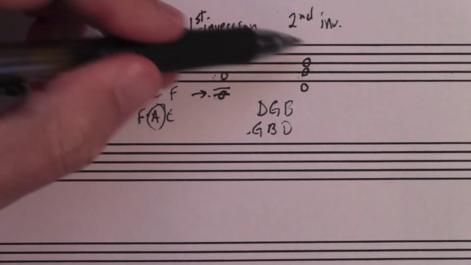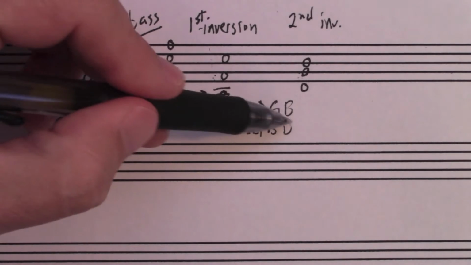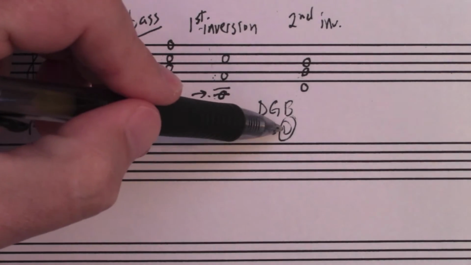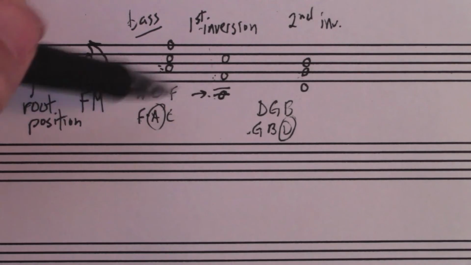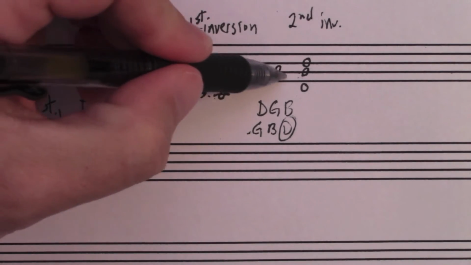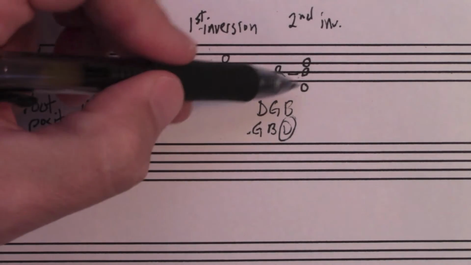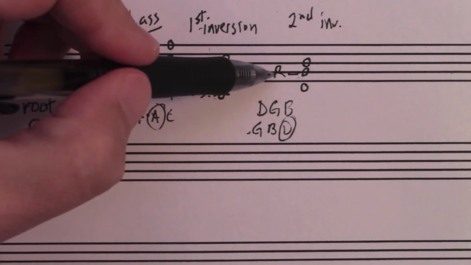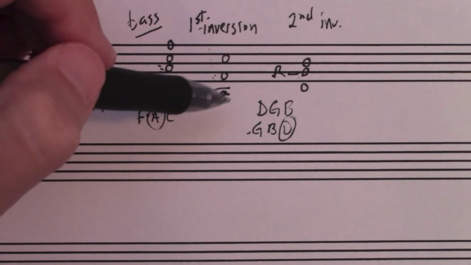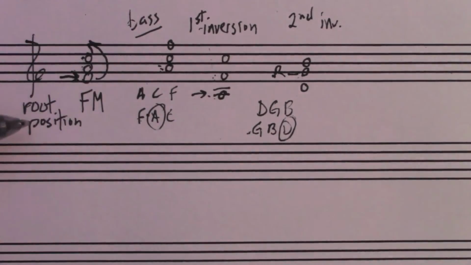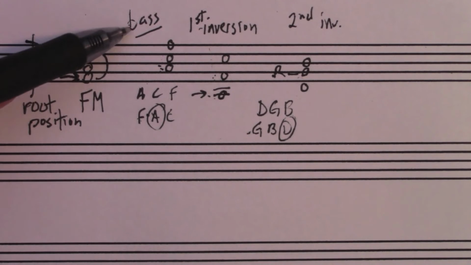What note is the bass note? D. The fifth of the chord is the bass note. There's our root. The root is in the middle. So remember, root and bass can be different. In root position, the bass note is the root of the chord.